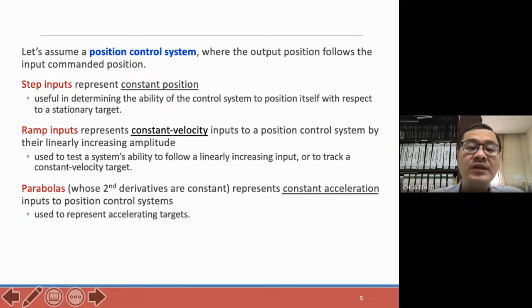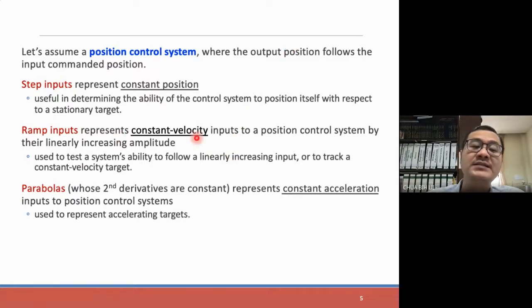For example, you set 45 degrees as a constant position. Then the ramp input refers to constant velocity, where the input to the position will increase linearly. If you apply a constant velocity, the position will continuously increase.